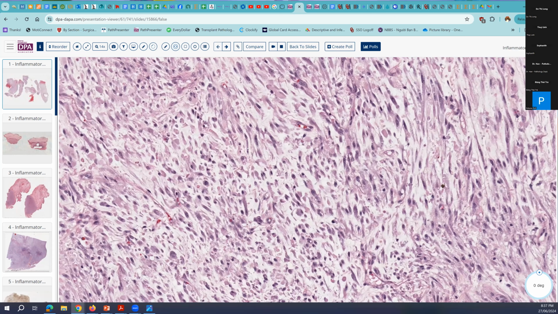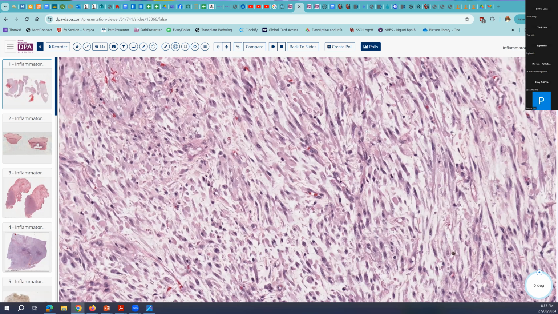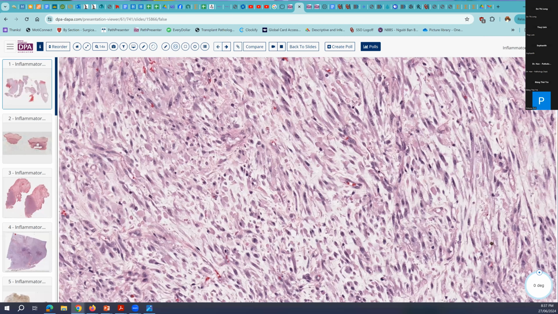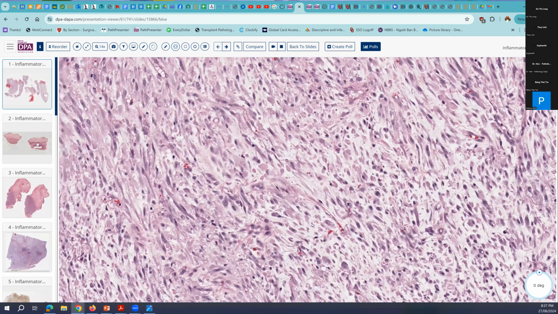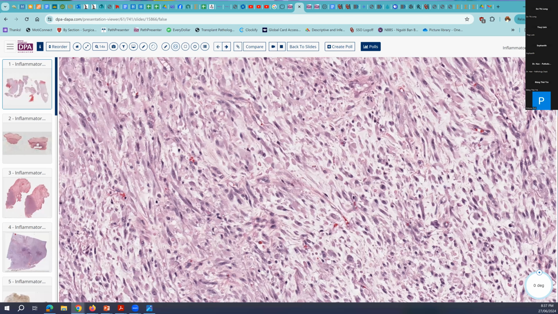They'll have some myogenic markers, actin, maybe some calponin or desmin. They may also be positive with other markers, usually not EMA or other epithelial markers in that pattern. And mitoses will be fairly frequent, and a little bit of atypia here.